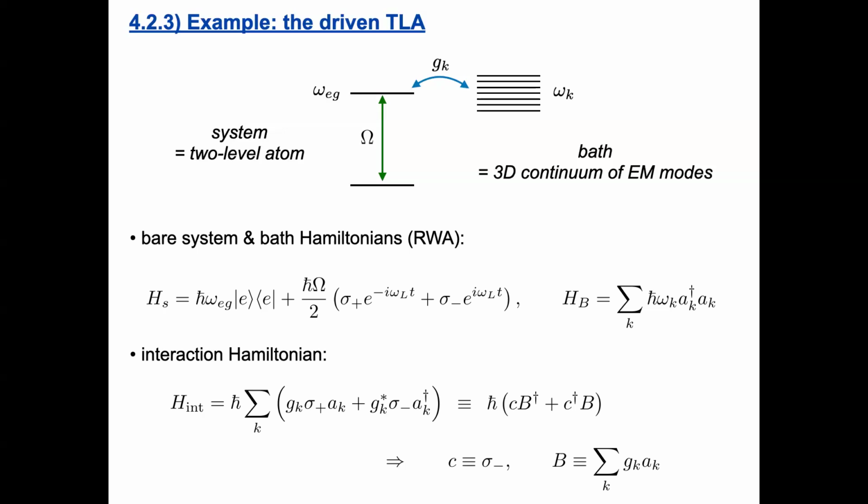This is what we assumed. But I also told you, if this is not 0, we can absorb it in the system Hamiltonian. And in this case, because one of the modes is in a coherent state, a classical field has a finite expectation value. So one of the modes has a finite value, but this value is just a classical number. Therefore we can put it here in the Rabi frequency.